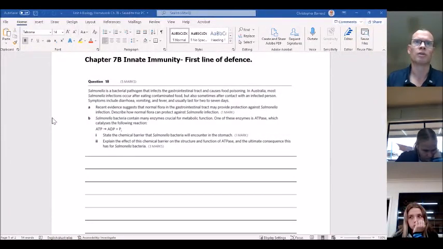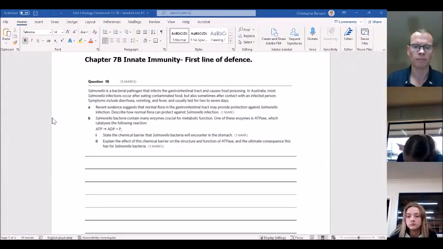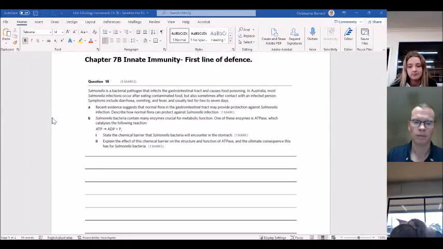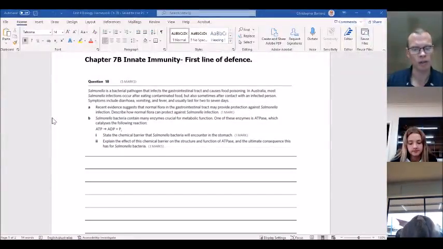So the first thing is that the chemical barrier has a low pH, which will do what to the structure and therefore the function of the enzyme? Does it denature it? It does, absolutely. It denatures the protein, because it'll be outside of its optimal range.